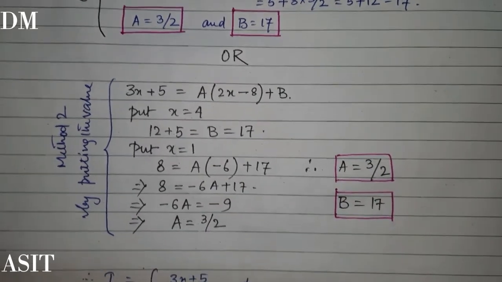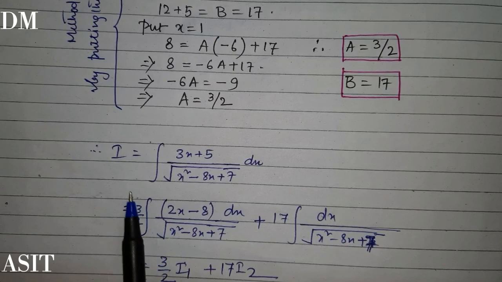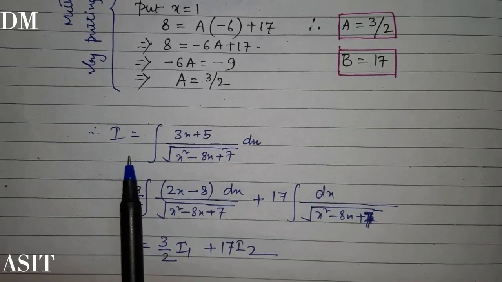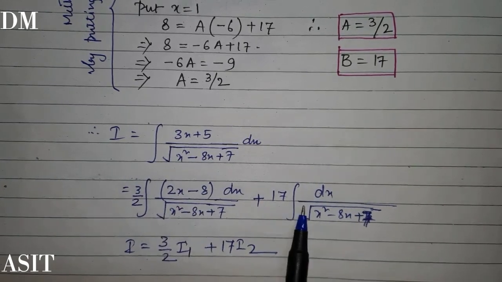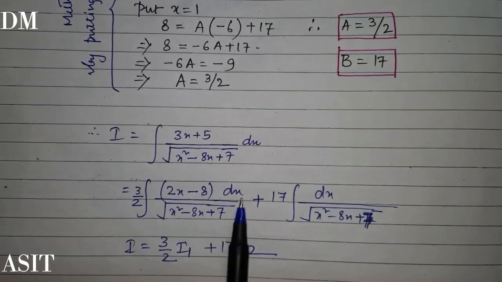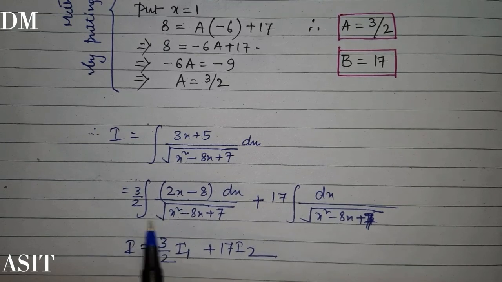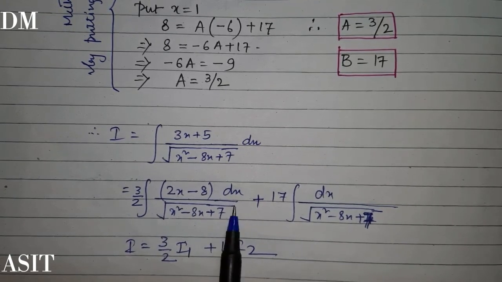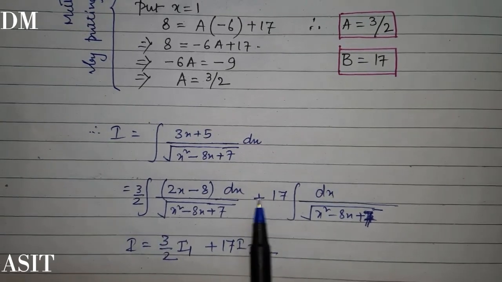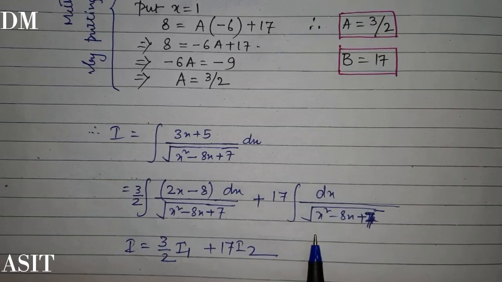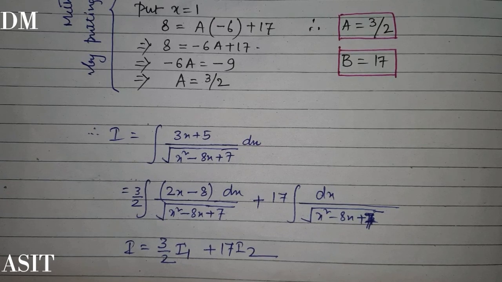I will show you the third method, but before that let me write the actual format of this integration. We write the linear by quadratic expression as a into the differentiation of the quadratic expression, whether square root or non-square root, whatever the quadratic expression, plus b by the expression.